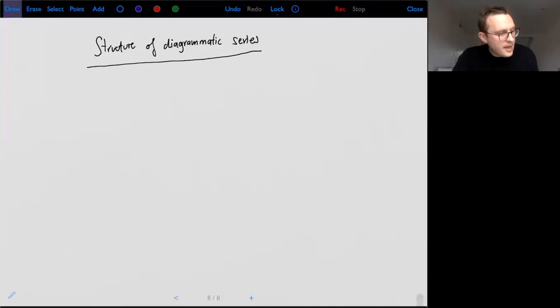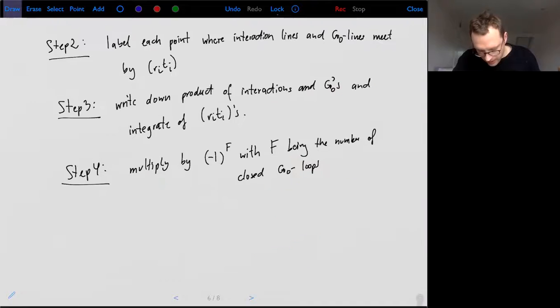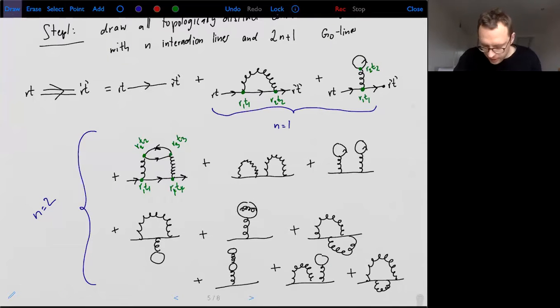All right. So basically, one thing that is very obvious when you look at all of these diagrams is that all of these diagrams have the same structure in some sense, and that's the following. All of these diagrams have an initial G0 line.